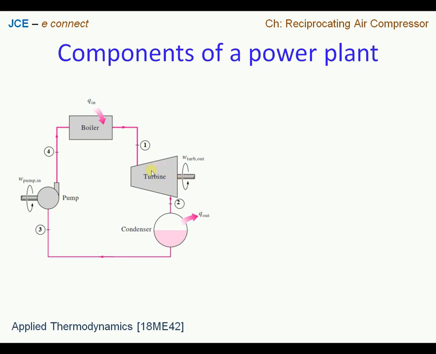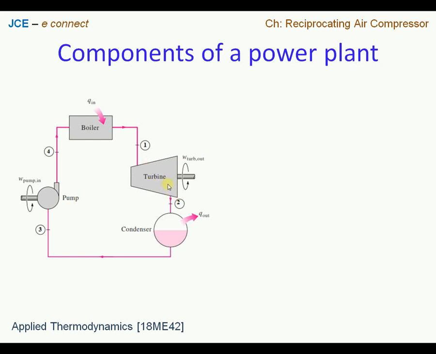At the turbine the steam is going to expand from process 1 to 2, thereby the pressure is lowered, and at the same time the temperature is also lowered.